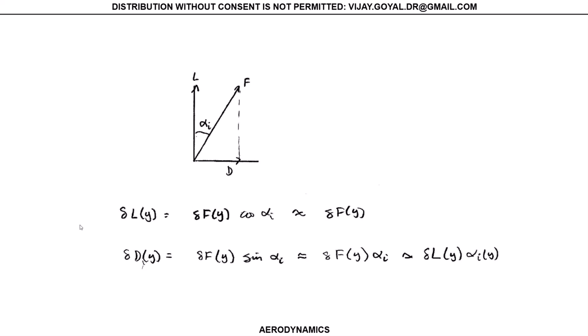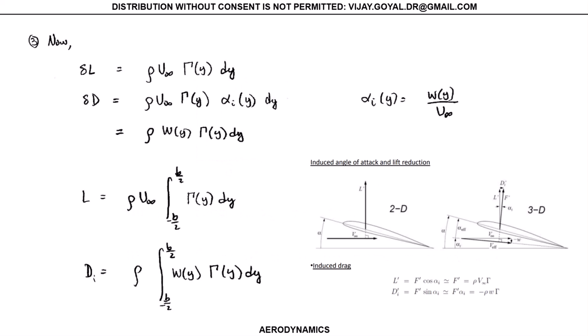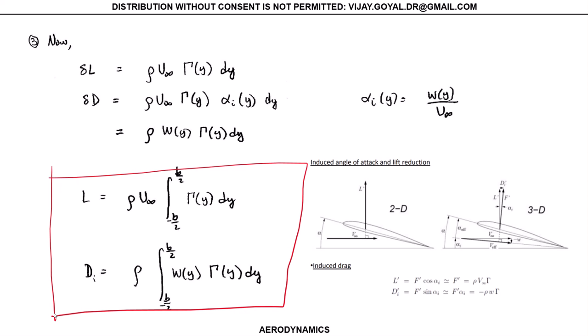So at the end of the day, your lift is going to equal this, and your drag is going to equal this. And we can find some nice closed form solutions that are equal to these nice equations right here. Okay, so if we know all those values, then we can find what your lift and your drag are in the equation. If they're constant, they look something like this.